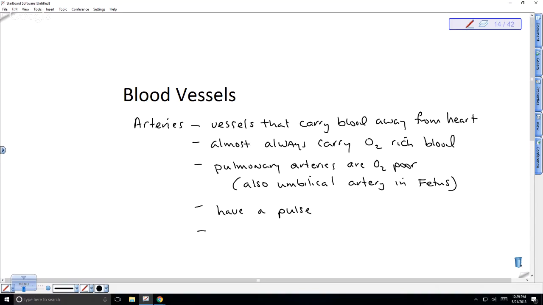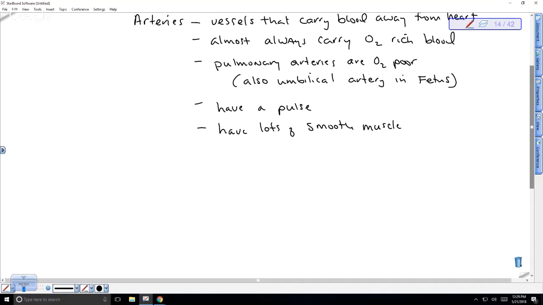They also have lots of smooth muscle. So they are able to constrict and dilate. And this constriction and dilation is called vasoconstriction. So think vascular constriction.